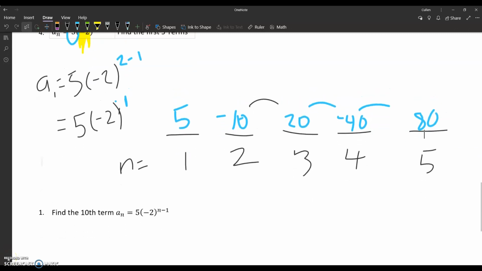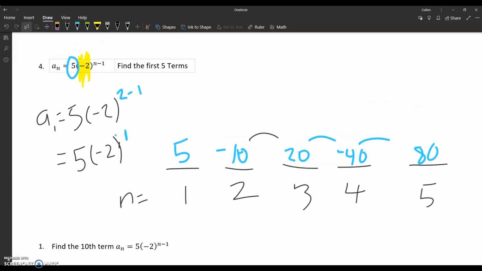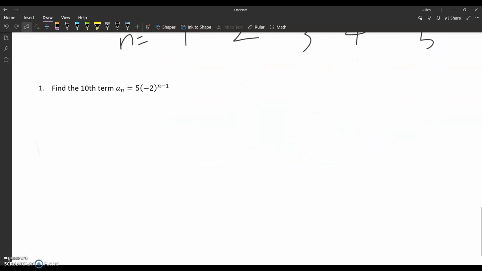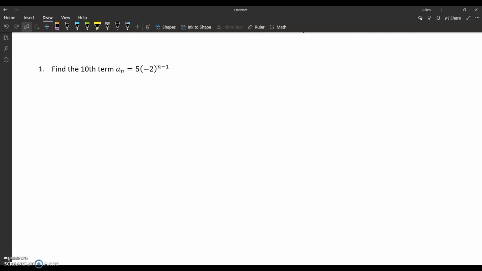Okay, so that's how you find the first 5 terms if you were given the formula. Let's talk about the same formula and talk about how you would find the 10th term. So if it asks you to find the 10th term, the 11th term, the 12th term, or whatever, I'm sure you guys know how to do this by now. This is the 10th term, so I know that it wants me to find the 10th term because it tells me there.